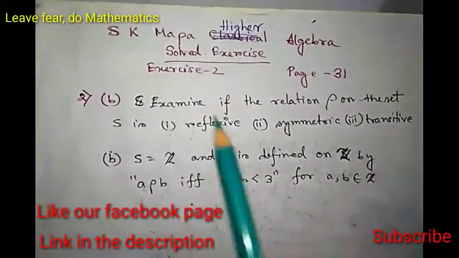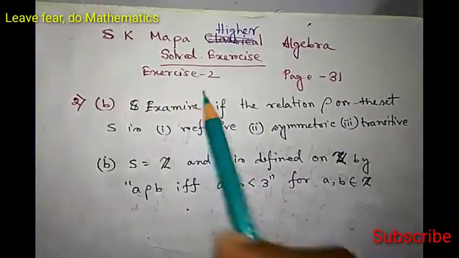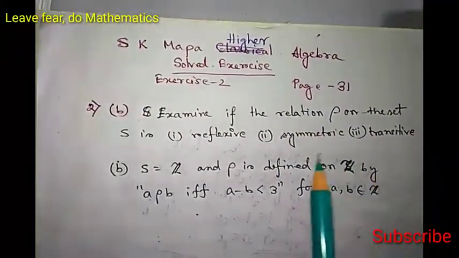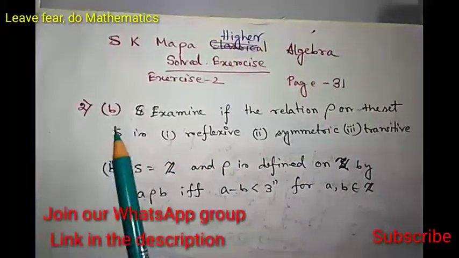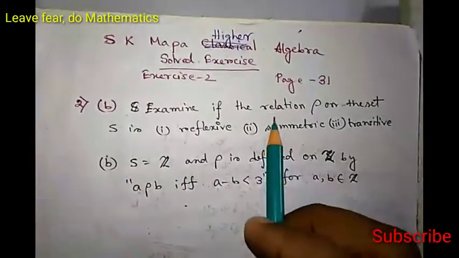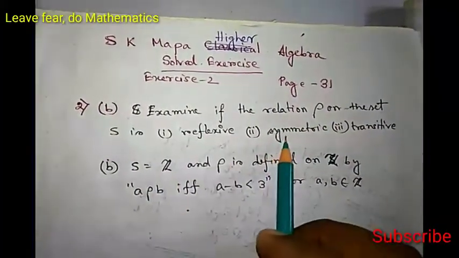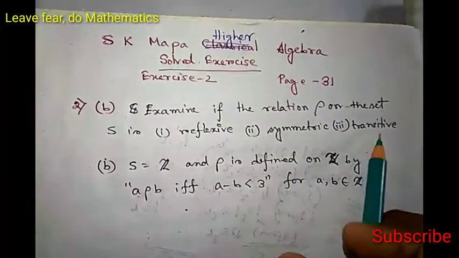Today we are going to solve another problem from the Mapa Higher Algebra book, Exercise 2, page 31, problem number 2, sub-question B. The problem says, examine if the relation rho on the set S is reflexive, symmetric, or transitive.